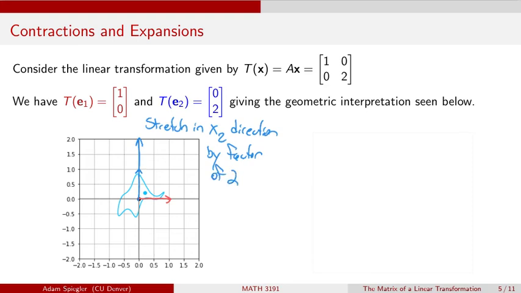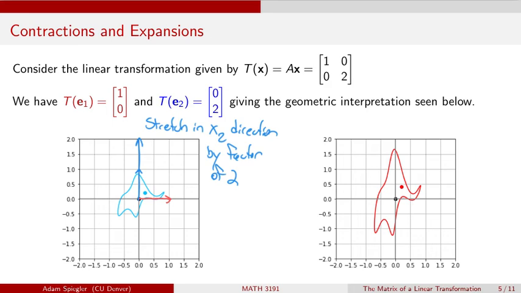And that is going to have a slightly different result in that we're now going to ruin the scale of the elephant. We haven't done anything in the x1 direction, but we are taking this elephant and stretching it in the vertical direction, the x2 direction.